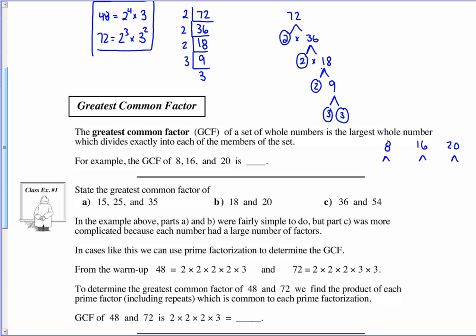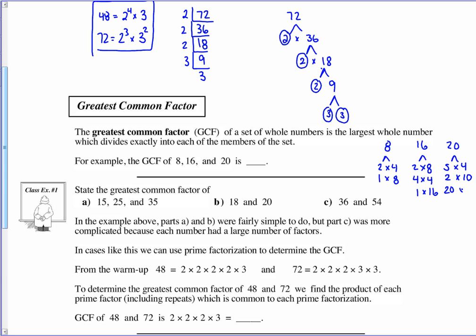8, what are the ways we can multiply to 8? 2 times 4 and 1 times 8. 16, all the ways to multiply to 16. 2 times 8, 4 times 4, and then 20. 2 times 10, 20 times 1.